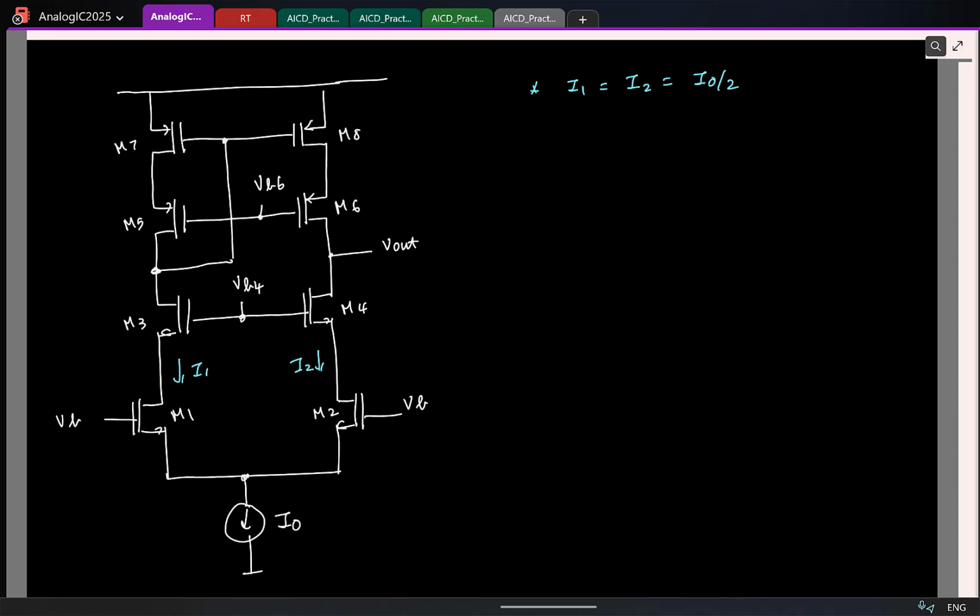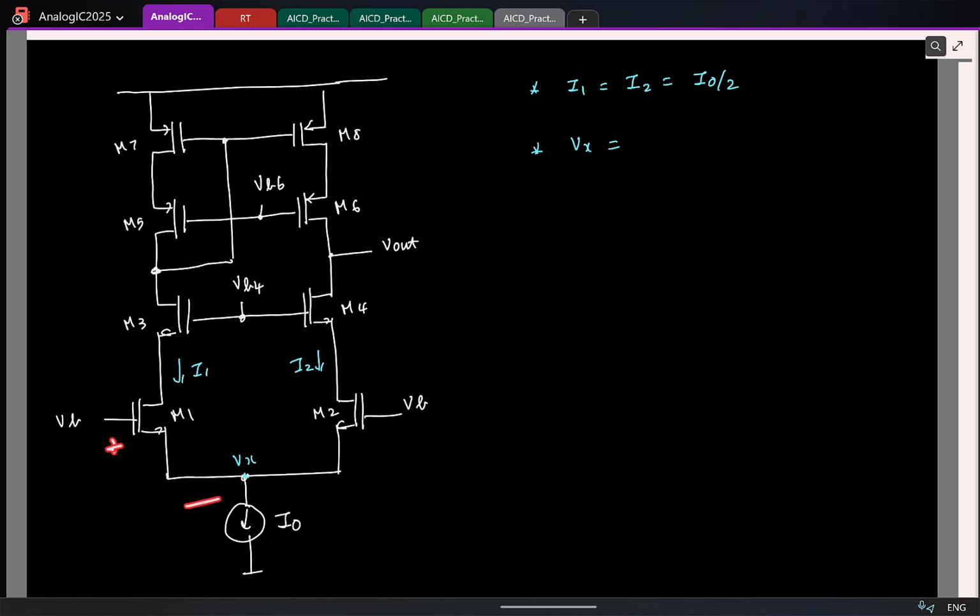Okay. Great. So then tell me, what is this voltage Vx? What will determine this voltage Vx? How will VB determine this voltage Vx? Remember that the current flowing through this transistor is fixed to be what value? I0 by 2. If the current through the transistor is fixed, what should get fixed here?